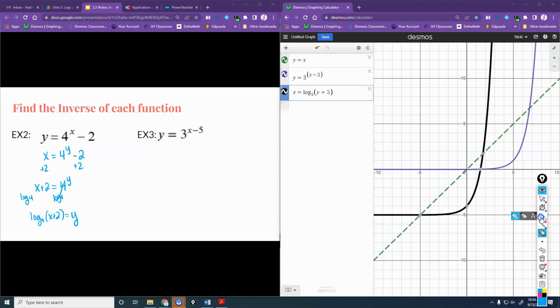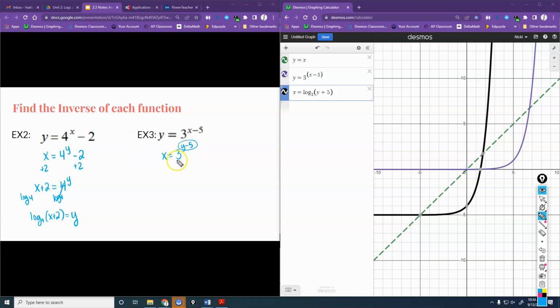All right, so you're going to switch x and y's. X equals 3 to the y minus 5. Okay, I think those of you that missed it, the first thing you did is you added 5. Why can we not add 5? It's part of the exponent. It's up here. That was not the case over here, right? So this is up here in the exponent, which means we got to get rid of the 3 first before we can get to that 5.